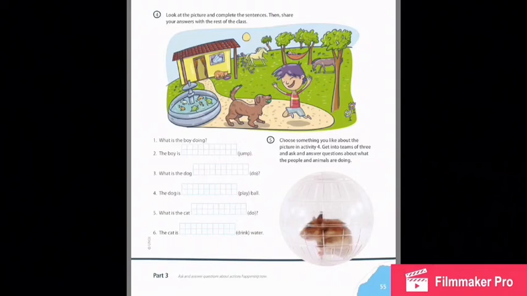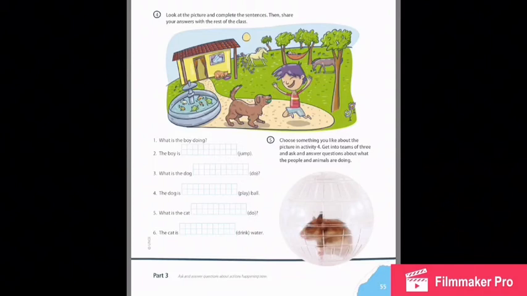So in this case, on this page, you have to add ing to all the verbs. For example, number 1, what is the boy doing? What is the boy doing? The boy is jump. You have the verb and add ing at the end of the verb. For example, number 1, the boy is jumping.